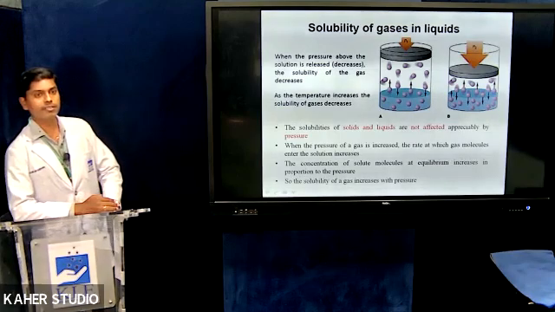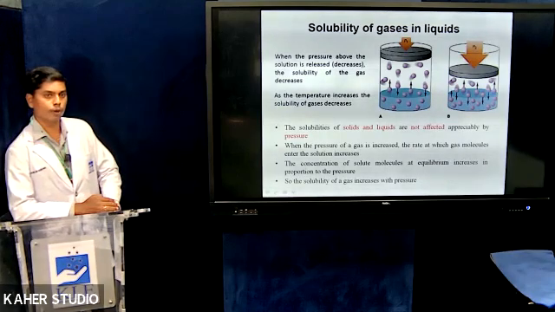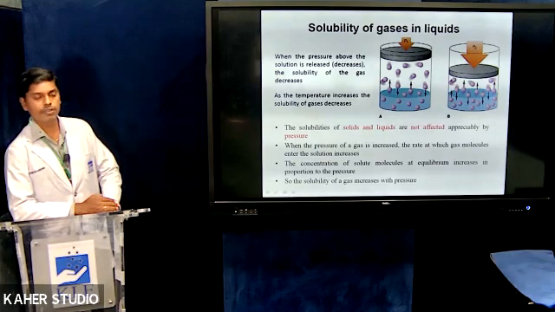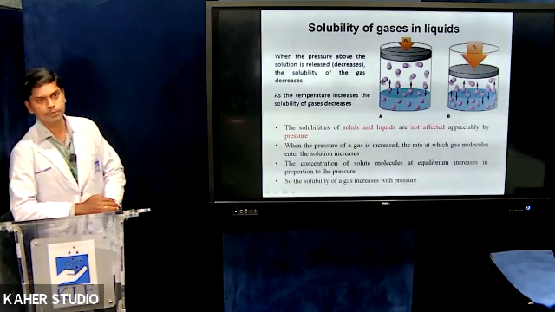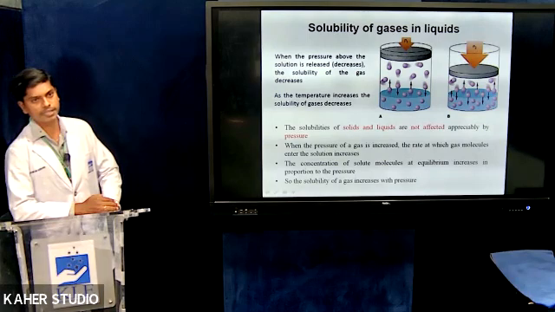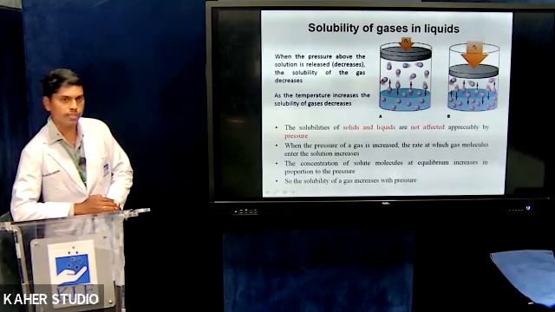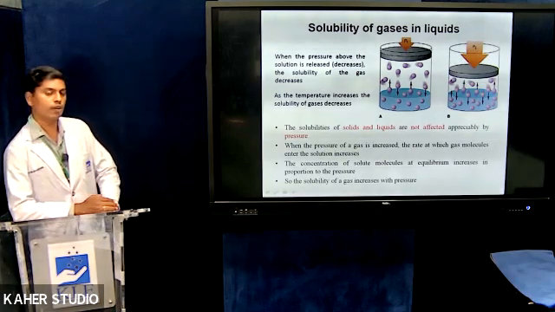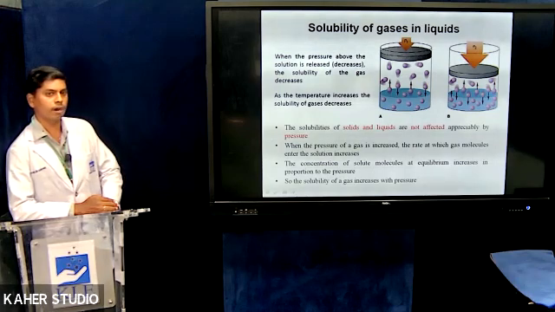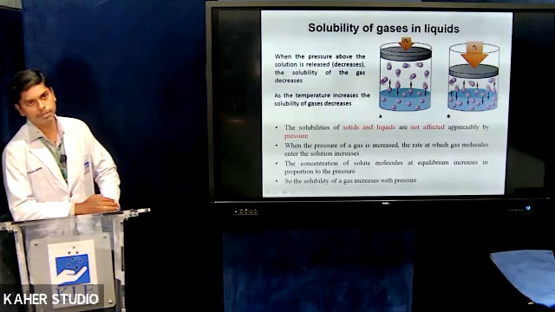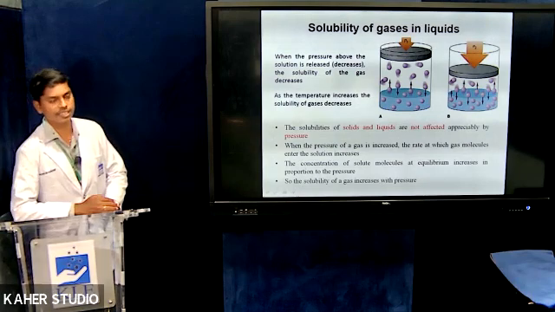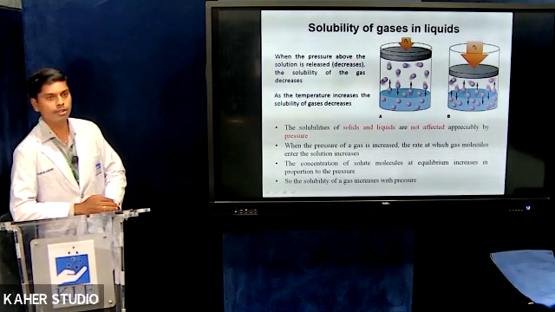And as the temperature increases, the solubility of gases decreases. So there is an inverse relationship between temperature and the solubility of gases. The solubility of liquids is not especially affected by pressure, but the solubility of gases in a liquid is mostly affected by pressure.